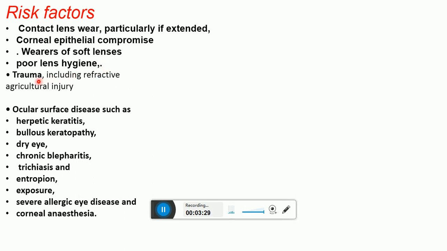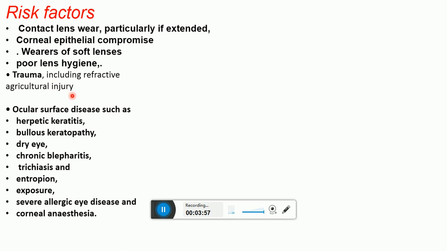Next risk factor is trauma, including refractive surgery, particularly LASIK, which has been linked to bacterial infection, including with atypical mycobacteria. In developing countries, agricultural injury is the major risk factor, when fungal infection should be considered.